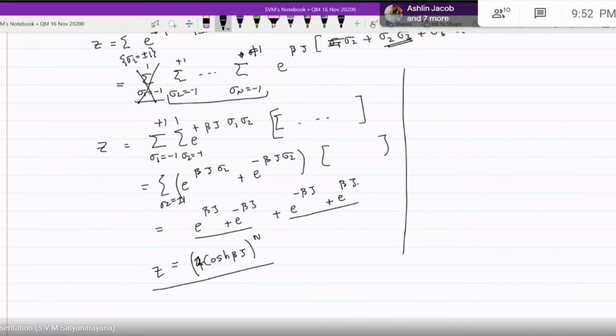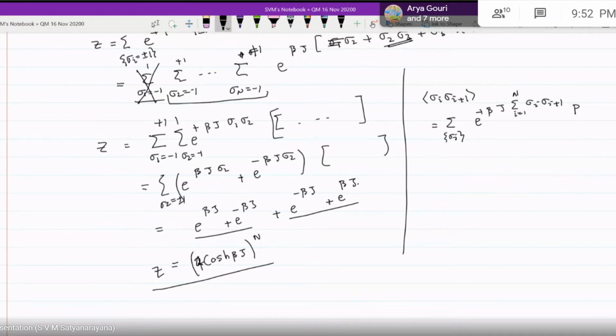Now you are going to ask for the average of sigma i sigma i plus 1. That is equal to the same thing: the sum over all the sigma i of e to the minus beta, plus beta J sum over i equal to 1 to N of sigma i sigma i plus 1, into the probability of the microstate.